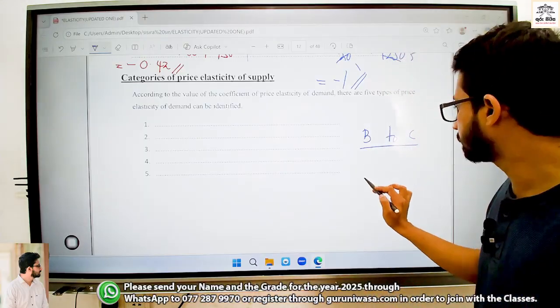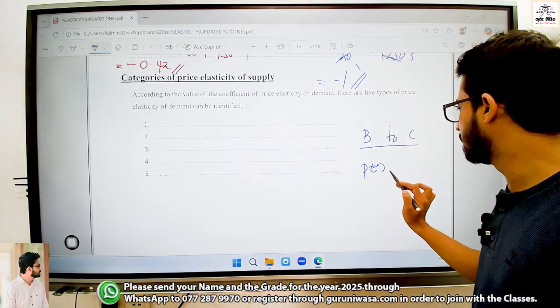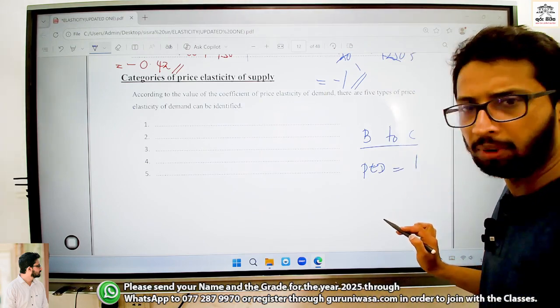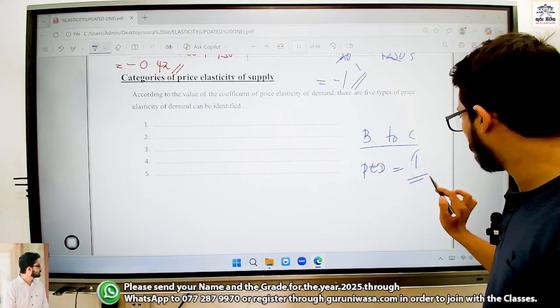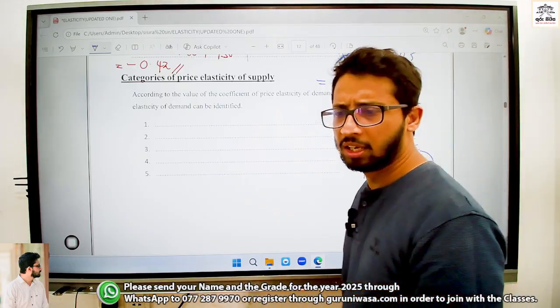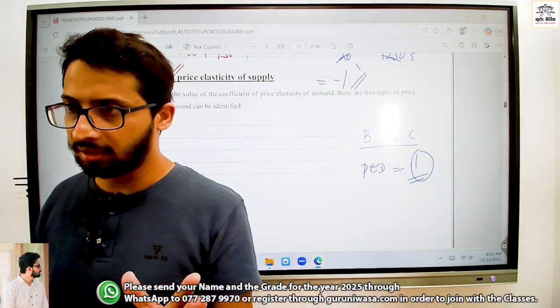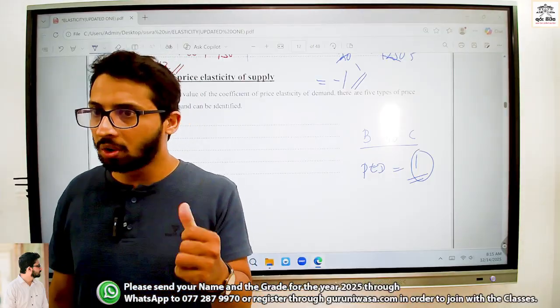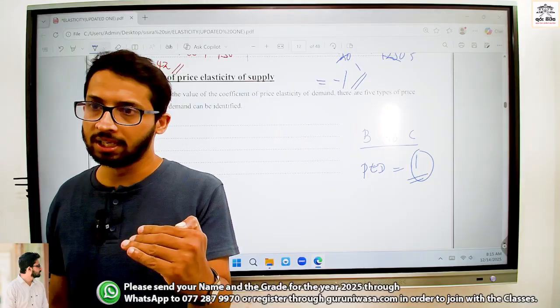It is 1, minus 1. This 1 is called the coefficient. The calculated value is called the coefficient of PED.